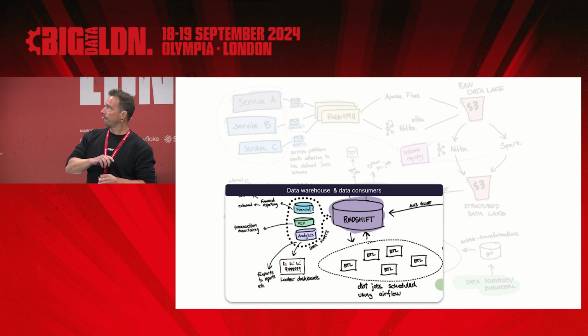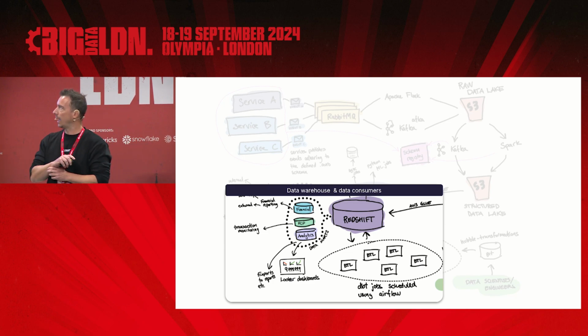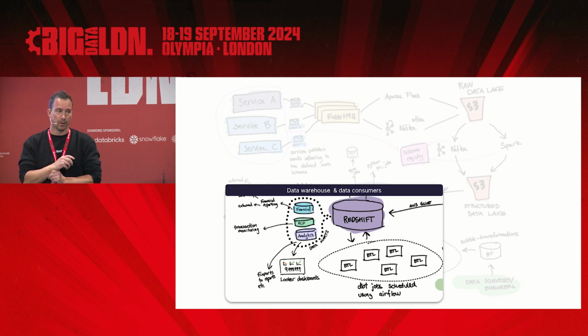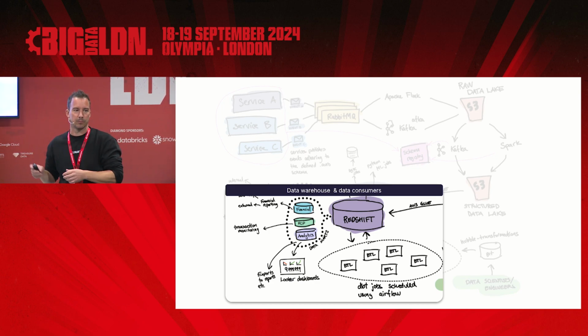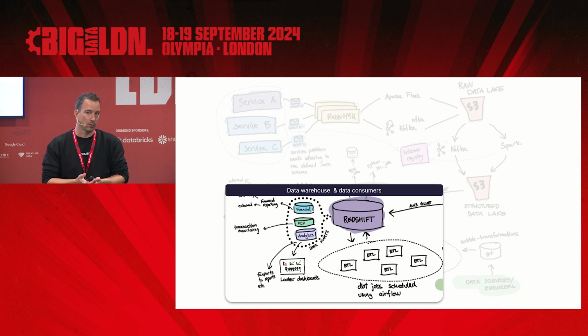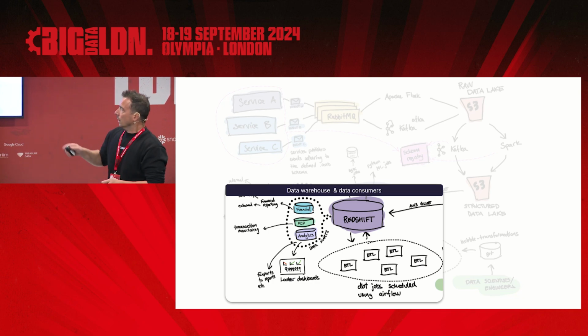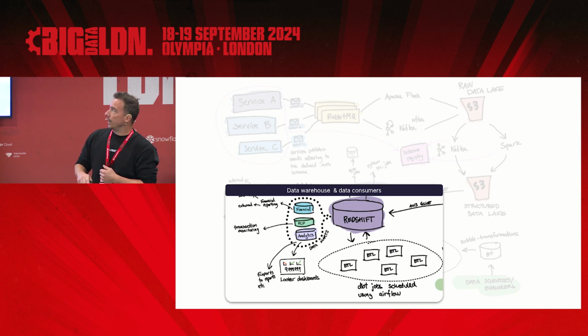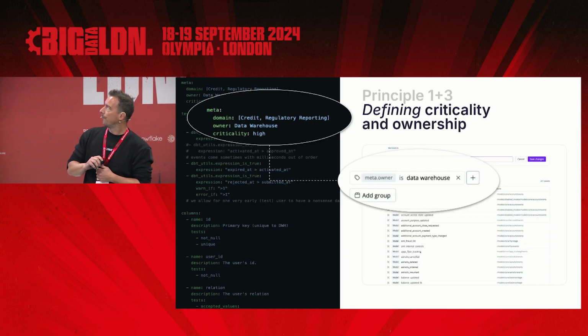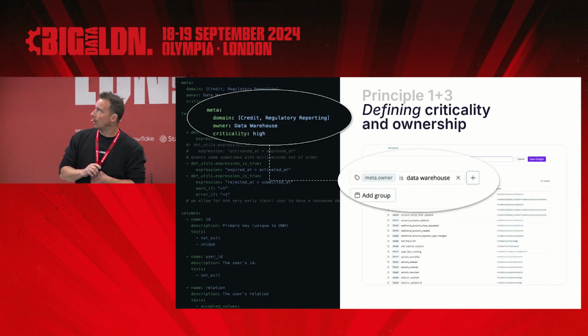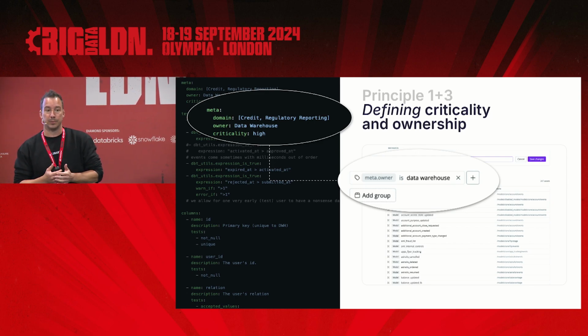If we go on to our data warehouse and our actual data consumers, because in the end, of course, other squads can also be data consumers, but it is mainly our data warehouse. So looking into how these principles are applied here. Well, we use DBT tags.